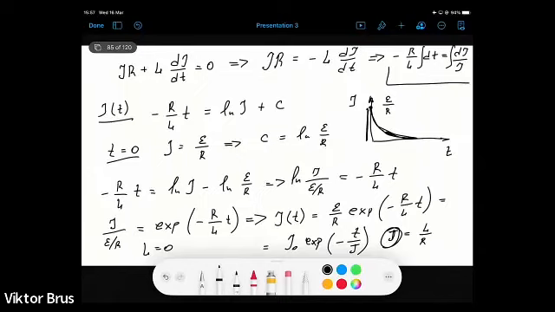All these processes can be characterized by exponential dependence of electric current over time. One of the important parameters which defines these transient characteristics is tau, the so-called RL time constant of the circuit, defined as inductance divided by resistance.